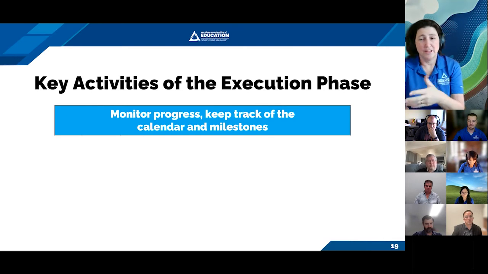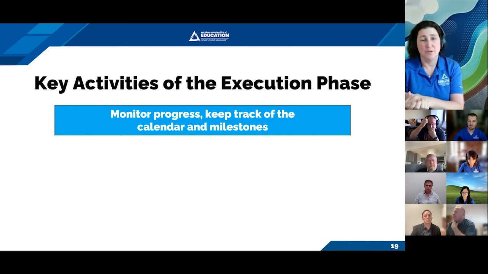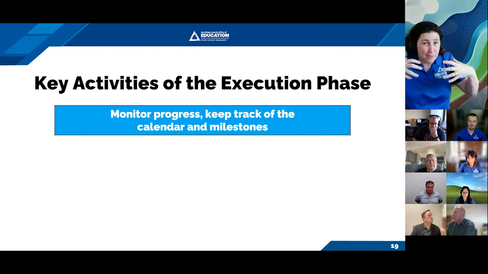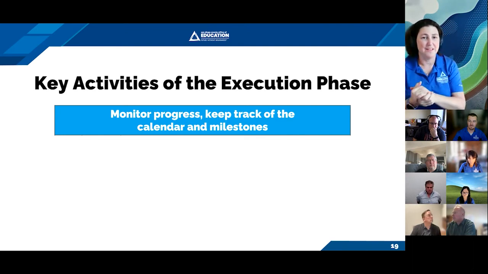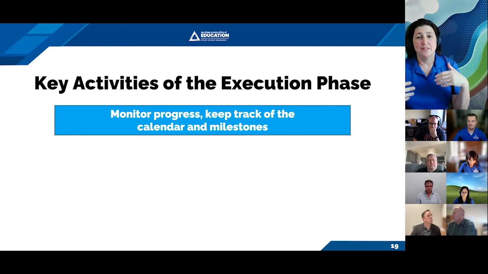So we generally like to monitor on a daily basis. We recommend team members add their own notes and update their own color-coded statuses. So again, kind of a more modern view of project management rather than the project manager kind of keeping control of the project plan. We tend to use a more distributed approach or model where we encourage our project team members to contribute their own thoughts and progress to our project plans.